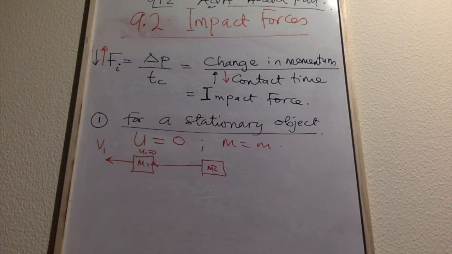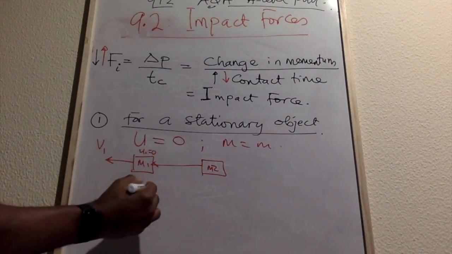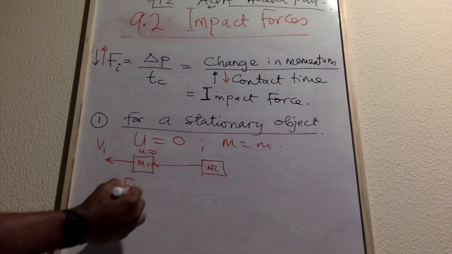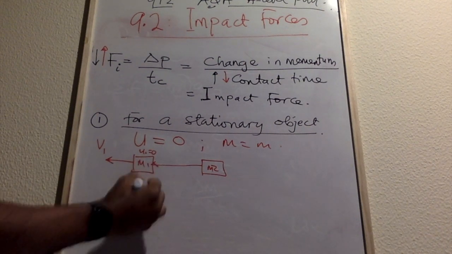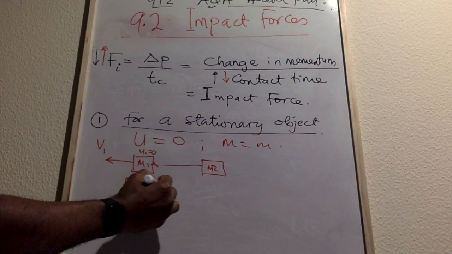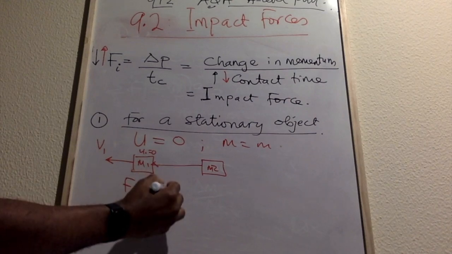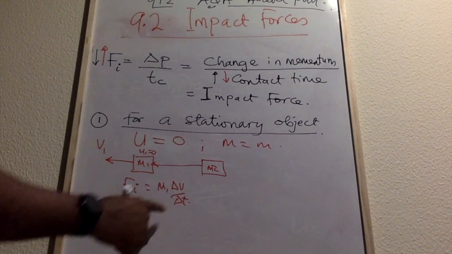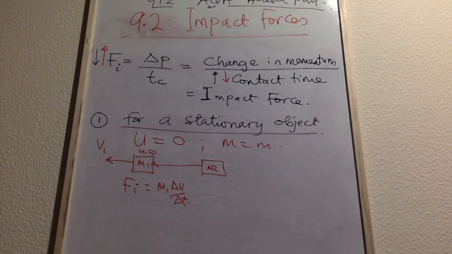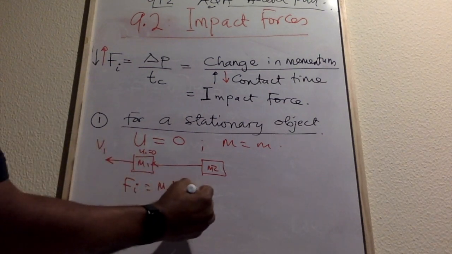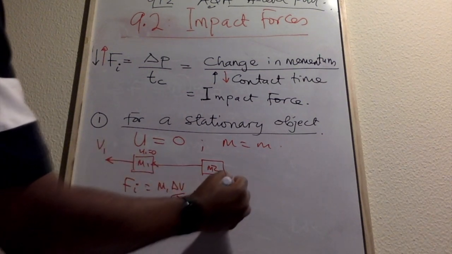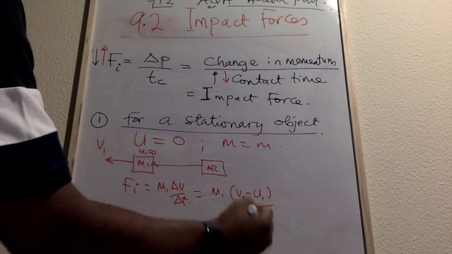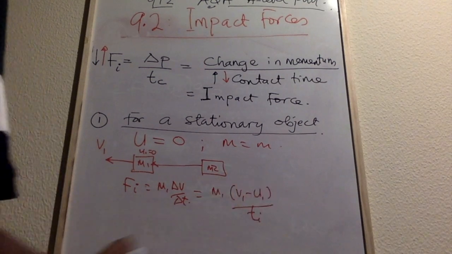So for that object, the impact force experienced by m1, F impact by m1, would be m1 delta v over delta t, where delta t is the time of impact. We can open it up and it becomes m1 into v1 minus u1 over delta t, which is the time of impact.